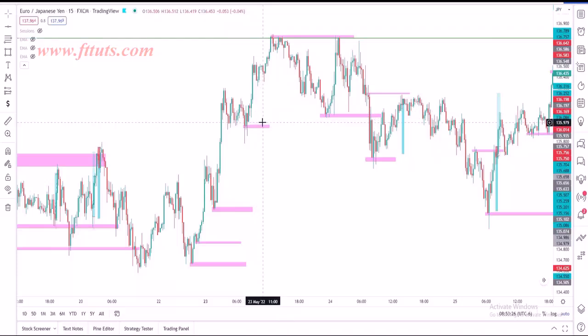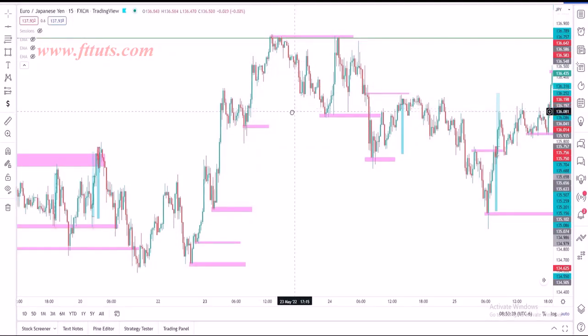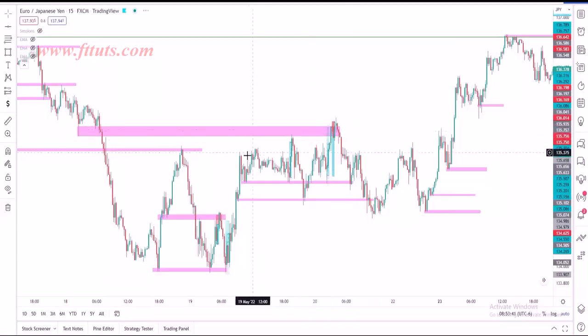But if we just take into account how it moves, it's basically waiting and then moving. It's basically kind of charging and then exploding into the move. Okay, so just over and over and over again. Right here, consolidating, move.